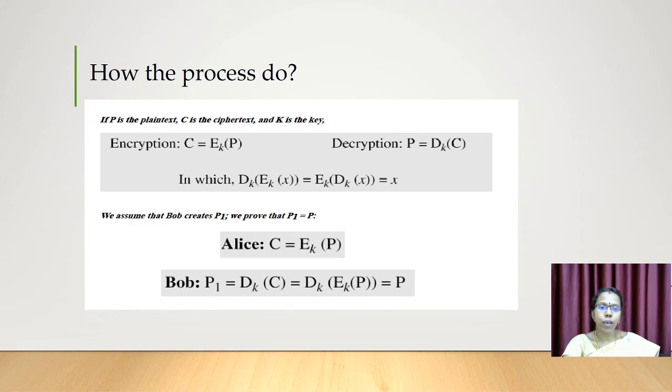If we consider P as the plain text, C as the ciphertext and K as the key, the encryption process is where the plain text is converted based on the key, so C equals E_K of P. Similarly, in decryption the ciphertext is converted into plain text, so P equals D_K of C. Here, in D_K of C, instead of C we can put E_K of P, and then we get the same plain text.